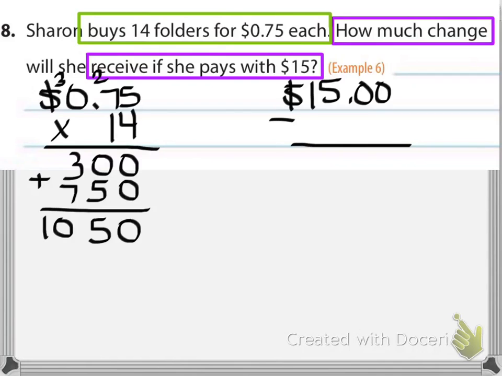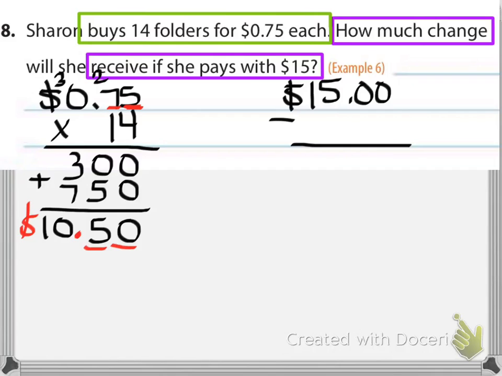Alright, notice with the first problem where we are multiplying that the numbers have been multiplied, but I need to go back and make sure that because this is a decimal times a whole number, I have the correct number of decimal places in my answer. I need a total of 2 decimal places in my answer, and then I am going to place my decimal point.